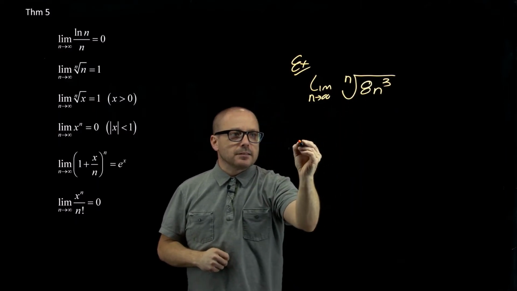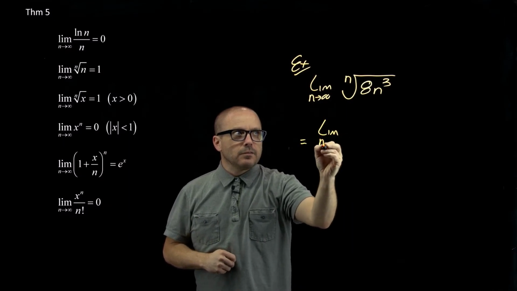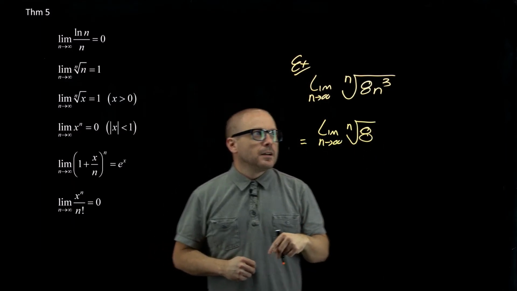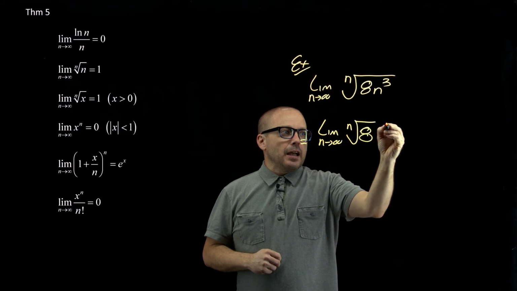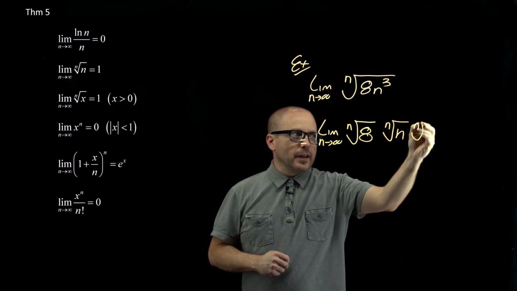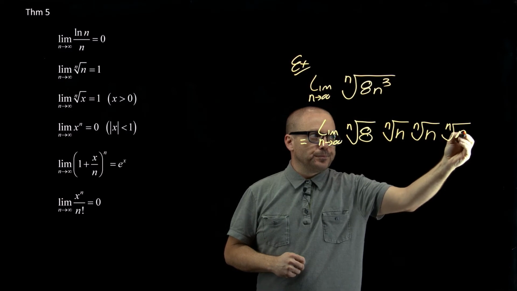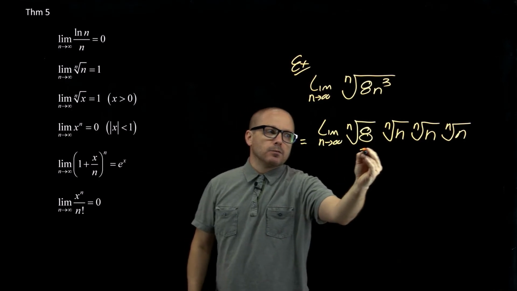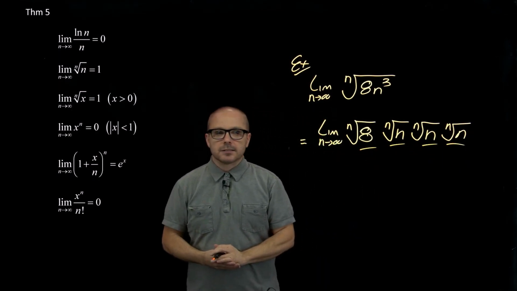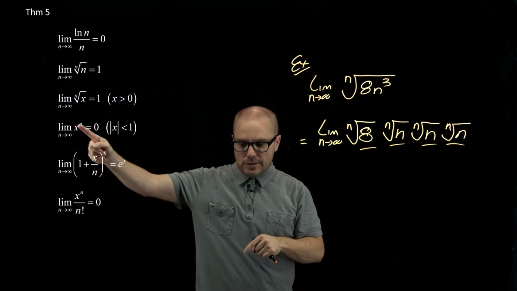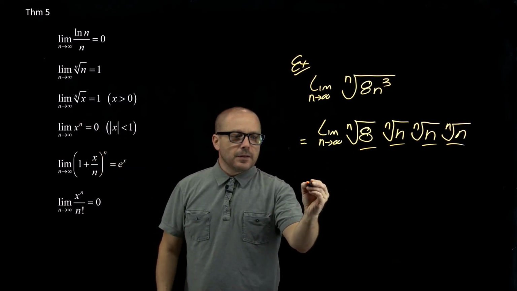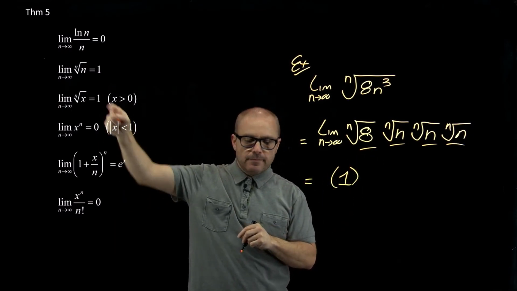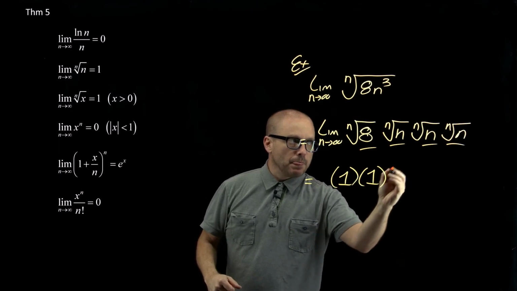So let's rewrite this. We've got the nth root of 8, and then we've got the nth root of n, nth root of n, and nth root of n. So even though this is not in that list, it's made up of 4 things that are in that list. This is the nth root of a constant, which is the nth root of x, and by theorem 5, we know that is 1. And then the nth root of n, by theorem 5, we know is 1.